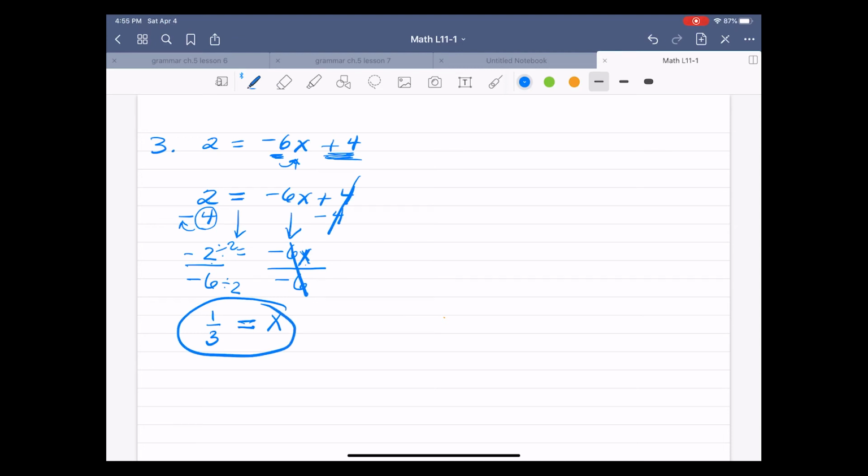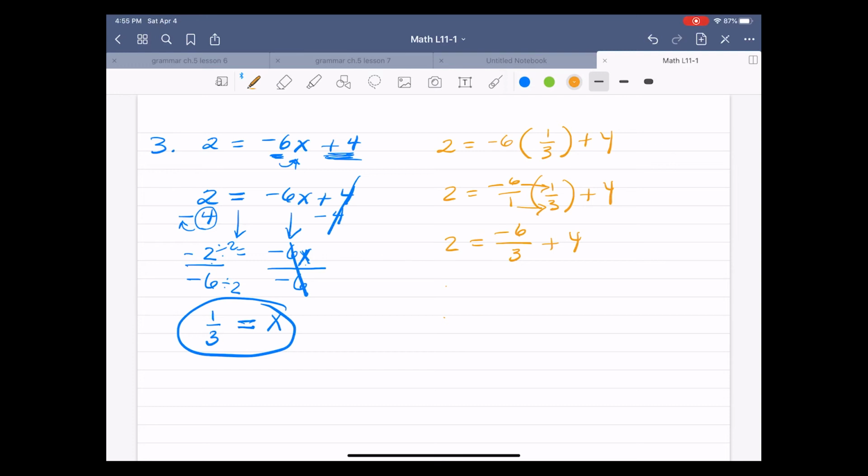I can go back up and I can plug in 2 equals negative 6 times my x, which is 1/3, plus 4. 2 equals negative 6 over 1 times 1 over 3 plus 4. And we're going to get this. Negative 6 times 1 is negative 6. 1 times 3 is 3.